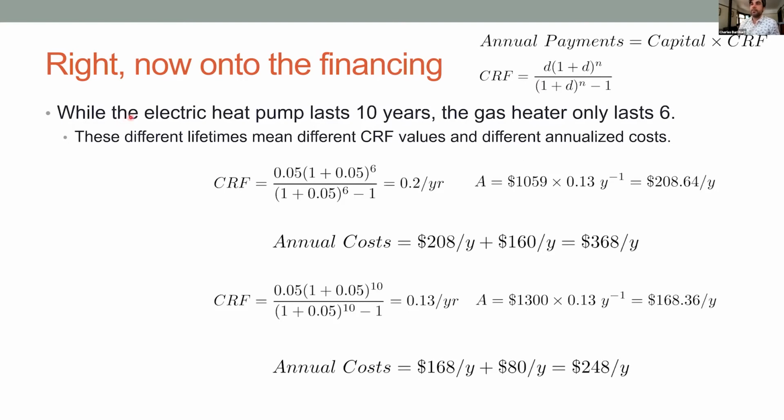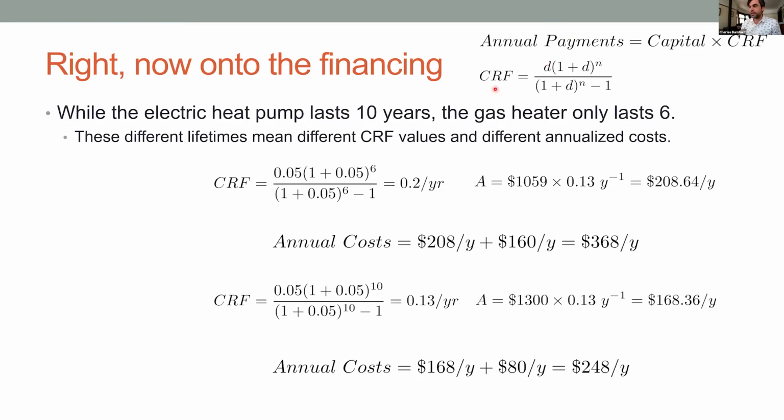While the electric heat pump lasts 10 years, the gas water heater only lasts 6 years. These different lifetimes mean different cost recovery factor values and different annualized costs. So not only will the costs be different because the heat pump costs about $300 more than the gas one, but they last different amounts of time, so their annualized costs are going to change.